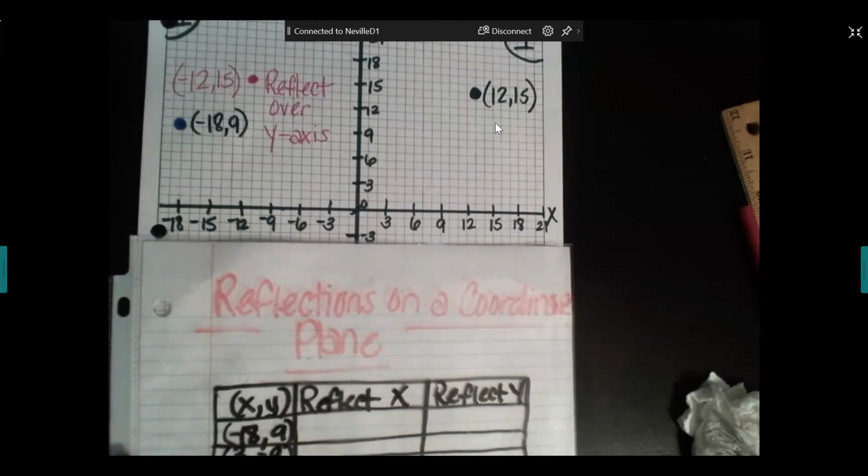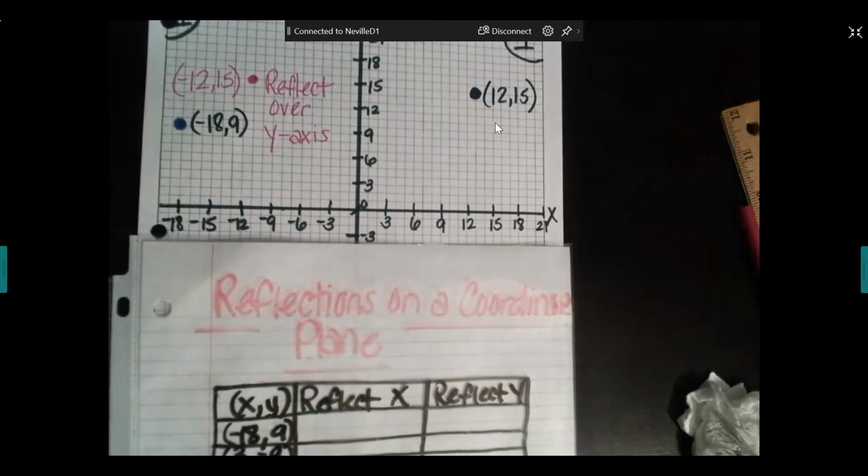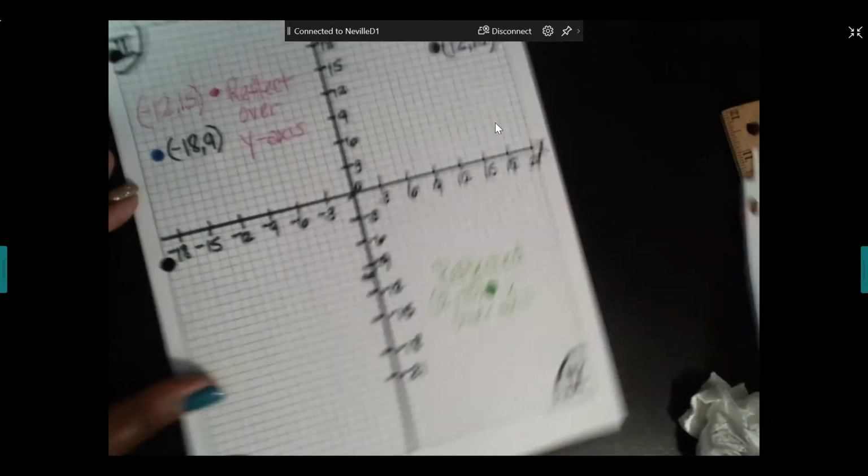Let's first reflect it over our x-axis. Let's talk about what we noticed. When I flip over my x-axis, which number will change? The y-coordinate? Let's see if that's true. Let's see if Miss Paisley's correct.